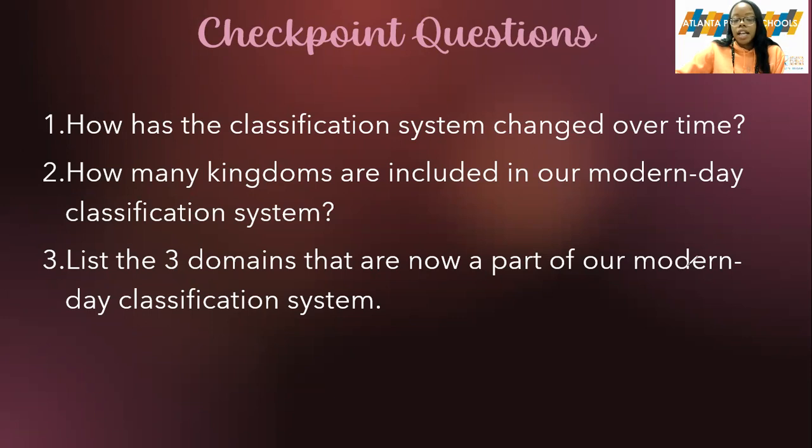And the third question, as you can see, is to list the 3 domains that are now a part of our modern day classification system. So again, just having these listed down, and sometimes I even find that writing things out tends to help me remember more when it comes to taking a quiz or an exam. So I wanted to include those in our lesson as well.